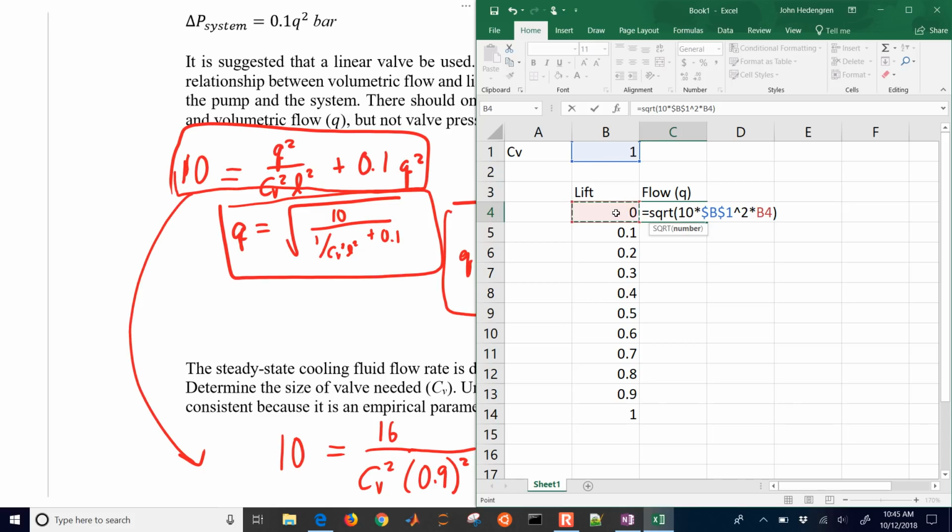Okay, lift, and I'll square that. Don't do a static reference there so I can fill it down. And then I'll divide by 1 plus 0.1 times, and then these same two values that I had.